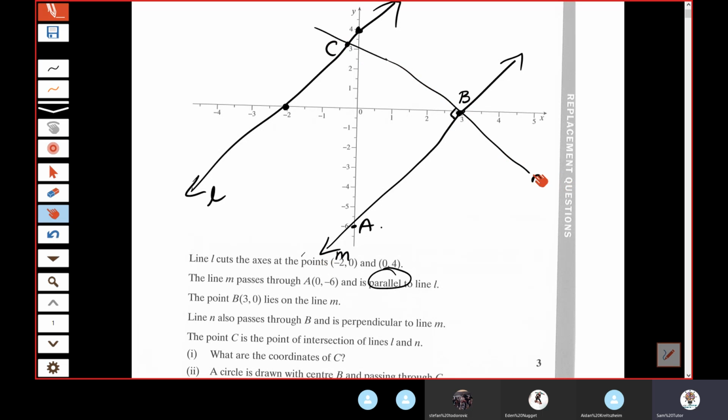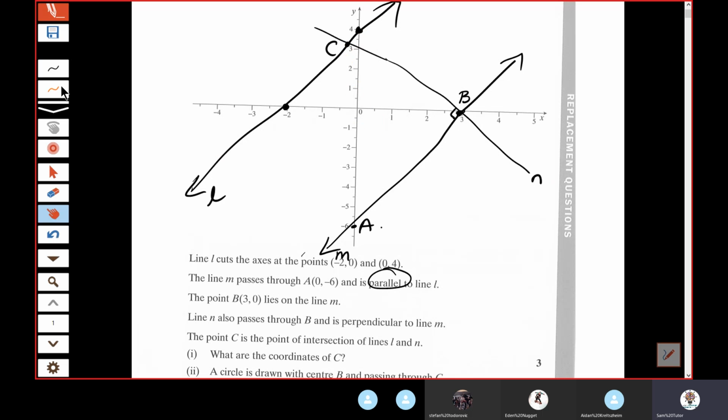Once I know the gradient of line N, I have one point, I have another point. I can probably solve that simultaneously. If I'm not able to, then we'll create another equation.